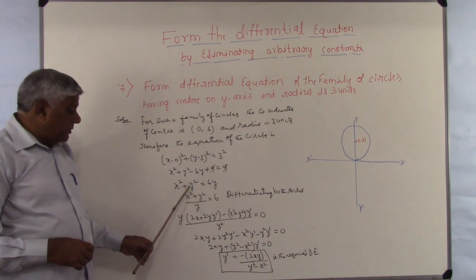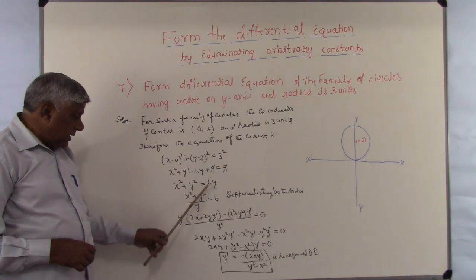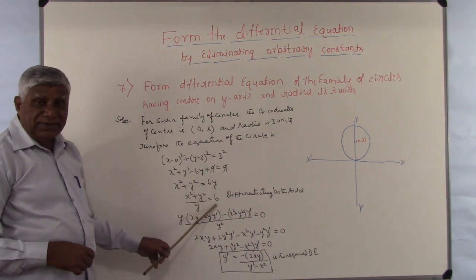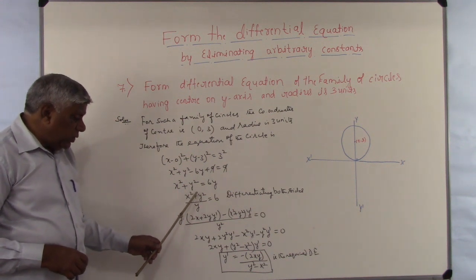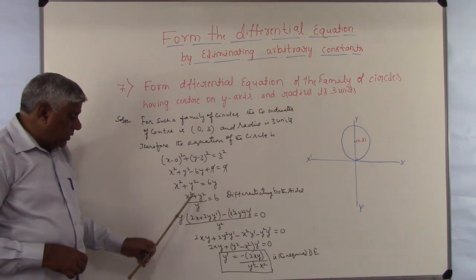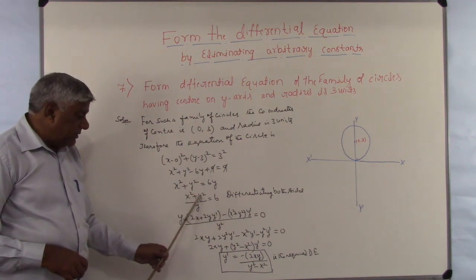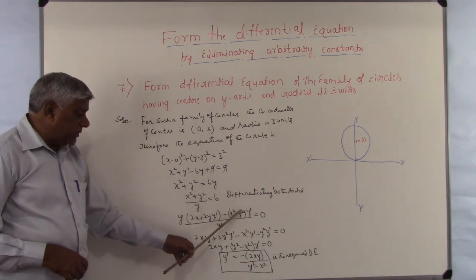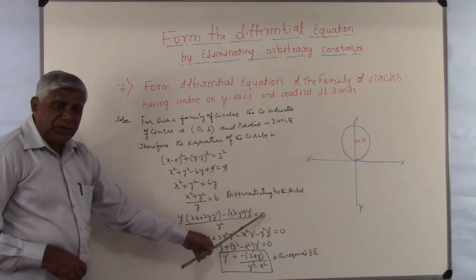So x square plus y square is equal to 6y, or (x square plus y square) divided by y is equal to 6. Now differentiating both sides, we apply the u by v method here also. So v into 2x plus 2y into y dash, minus u, that is x square plus y square, into the differentiation of y, which is y dash, is equal to 0.